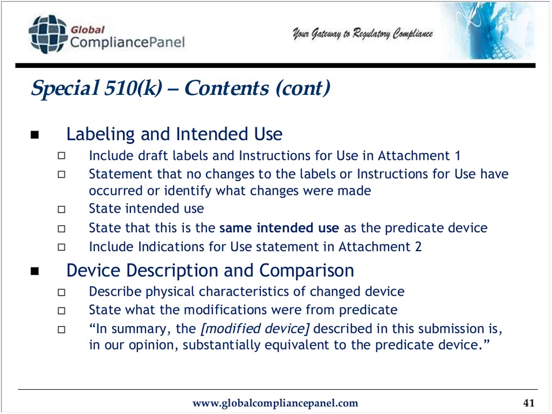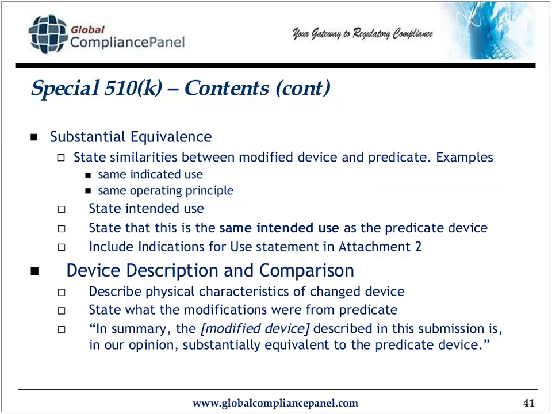The device description comparison: you're pretty much in this section letting the reviewer know what changed. Obviously something changed because you're submitting a special 510K. I like to use the terminology on the bottom here. I don't necessarily feel the need to read it to you, but here it is. Feel free to use it in your special 510Ks as well.